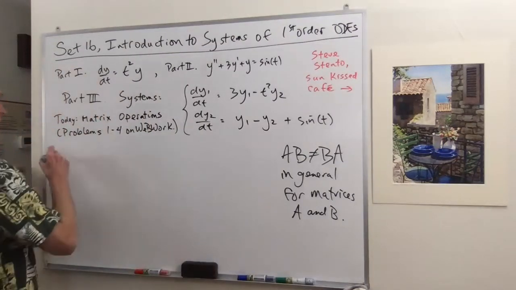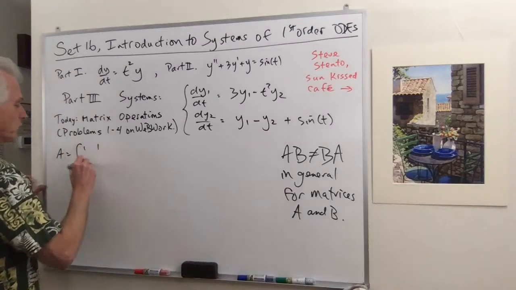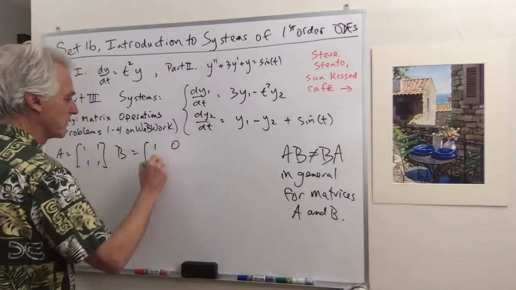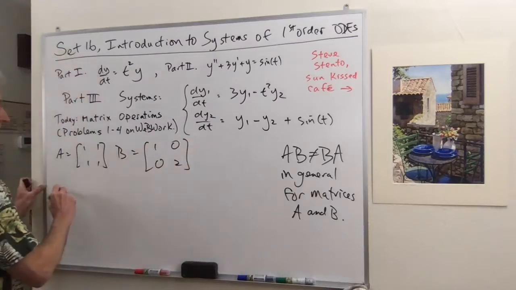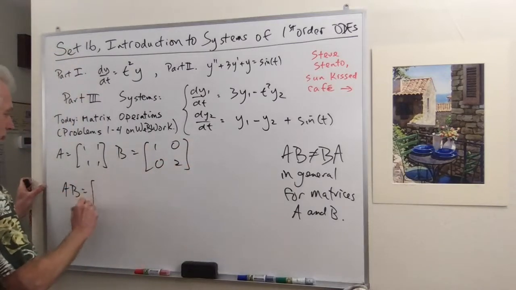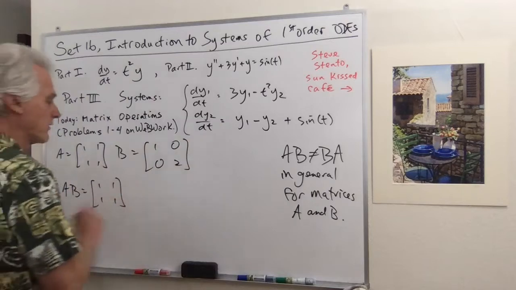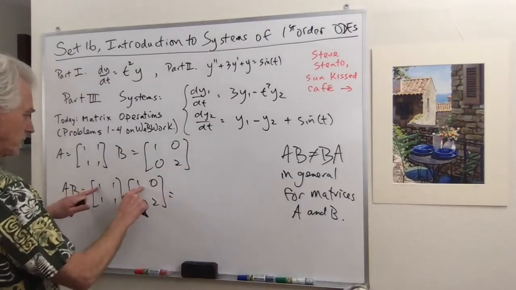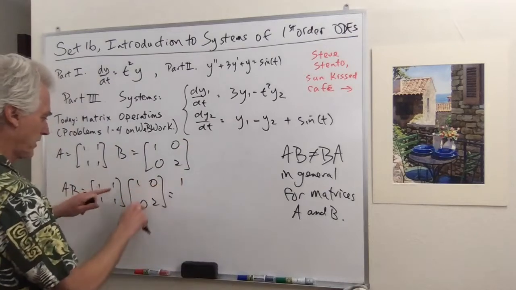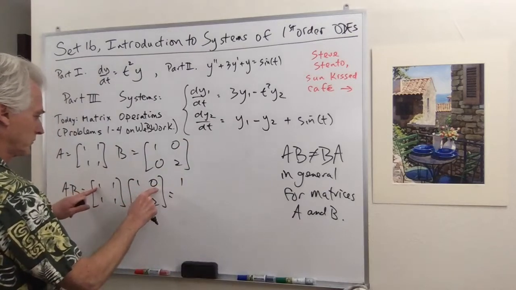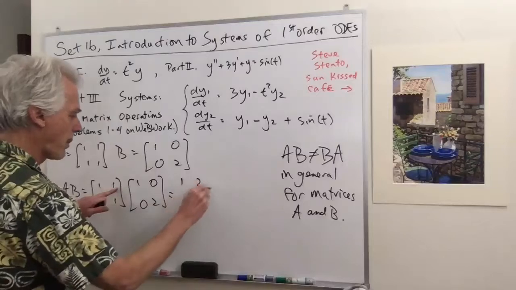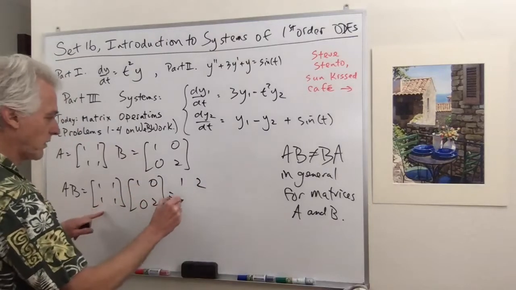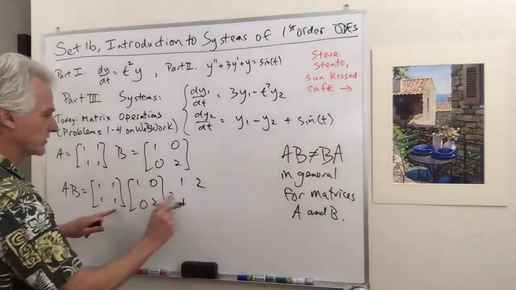Hopefully I can come up with one. Suppose that A is, let's just say, 1, 1, 1, 1, and B is 1, 0, 0, 2. What is AB? 1, 1, 1, 1 times 1, 0, 0, 2. All right, so I get 1 plus 0 and 0 plus 2, 1 plus 0 and 0 plus 2.